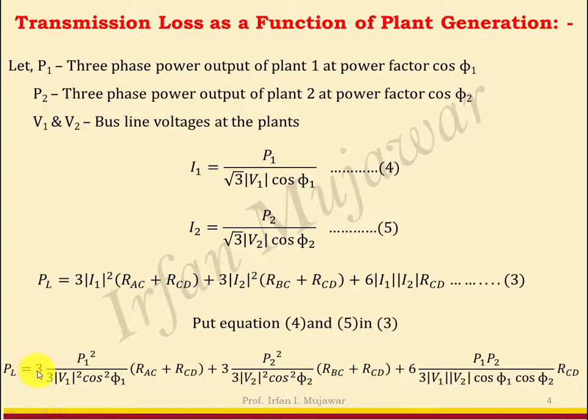So PL equal to 3 into I1 square, that is P1 square divided by 3 V1 square cos square phi 1, into RAC plus RCD as it is, plus 3 I2 square, that is P2 square by 3 V2 square cos square phi 2, into RBC plus RCD as it is, plus 6 as it is I1 into I2, that is P1 P2 divided by root 3 into root 3, which will be 3 V1 V2 cos phi 1 cos phi 2, into RCD.